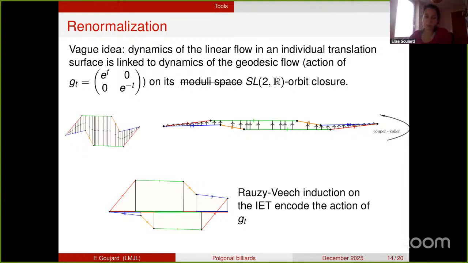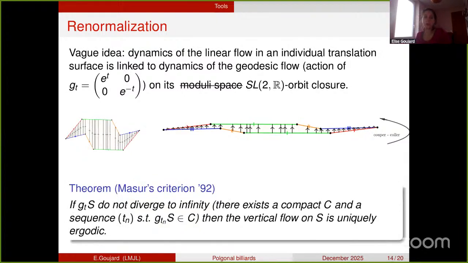So let me mention some consequences of this principle. The first important result is Masur's criterion, which tells you that if you look at the trajectory of the geodesic flow in the family, and it does not diverge to infinity, meaning there exists a compact set such that it goes back to this compact set infinitely often, then you know that the vertical flow on your starting point, your fixed surface, is uniquely ergodic.